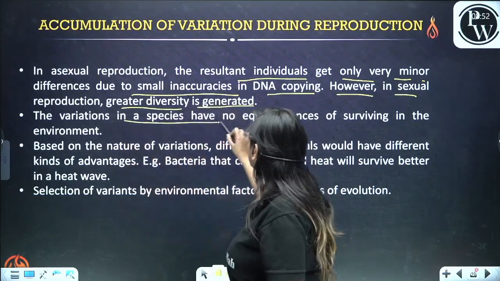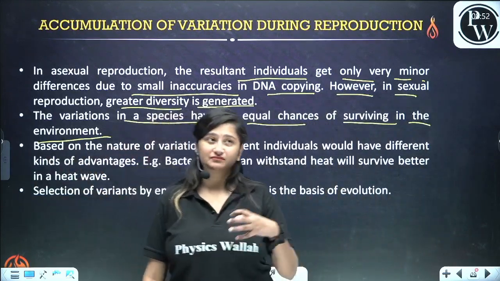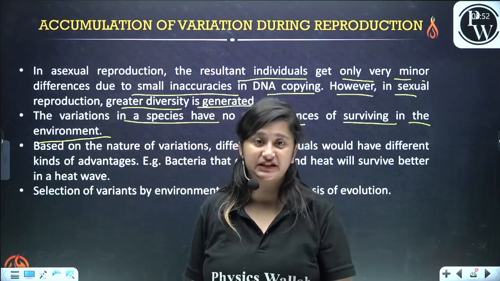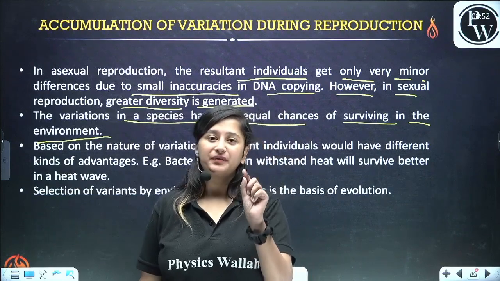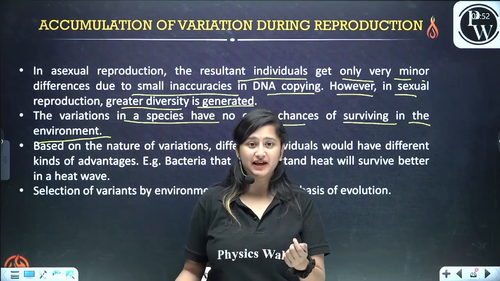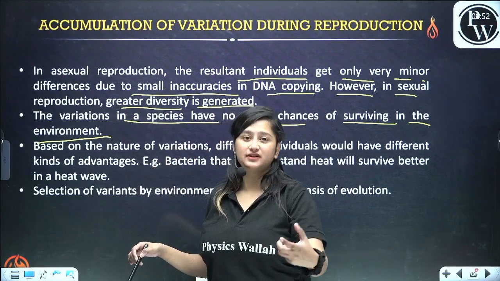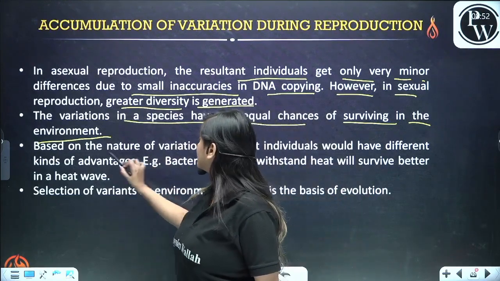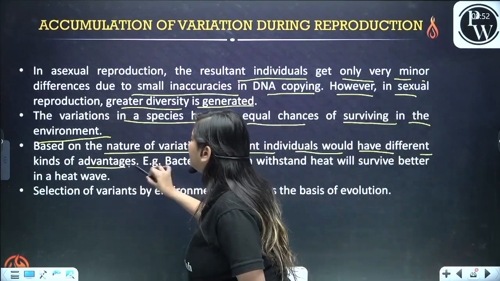The variations in a species have no equal chances of survival in the environment. Now, that depends upon the climatic condition, the environment condition, right? If I talk about bacteria, it has a part that can bear an extreme climate. They can bear an extreme climate, right? So this variation is basically beneficial to the bacteria. Now, based on the nature of the variation, different individuals would have different kinds of advantages.